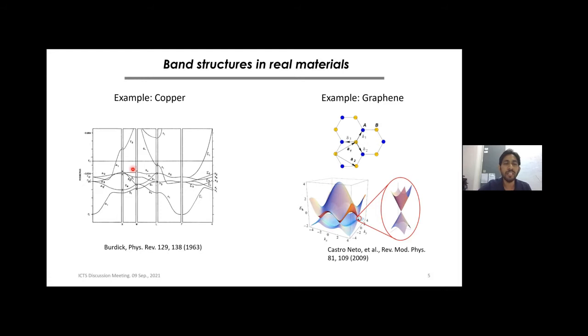And as you can see, there are really bands, but they have rearranged drastically. Now we know copper is a metal, which means the Fermi level should lie inside a partially occupied band, and this is exactly what you see. Okay.